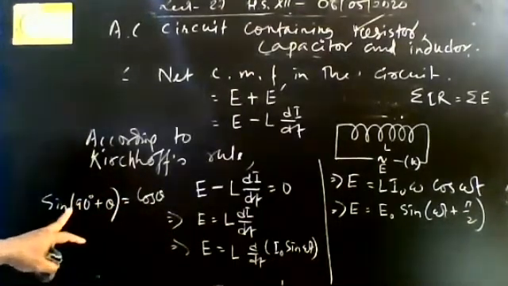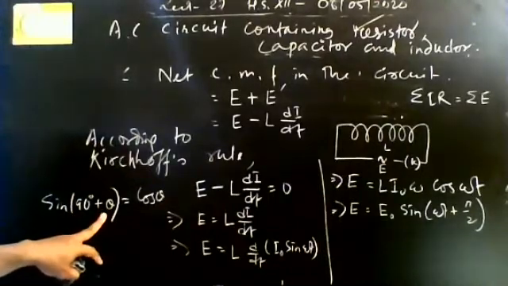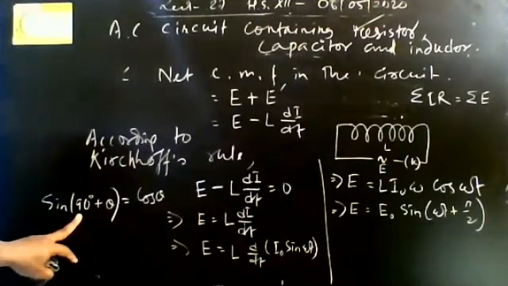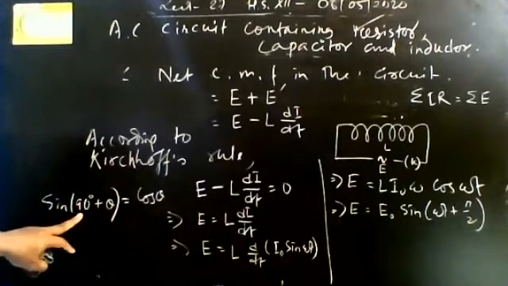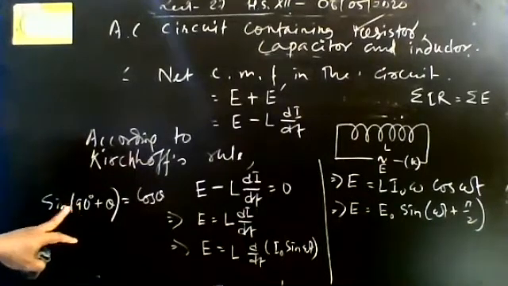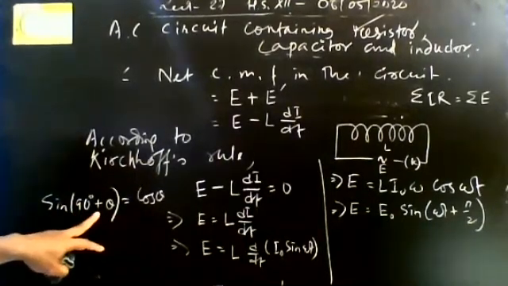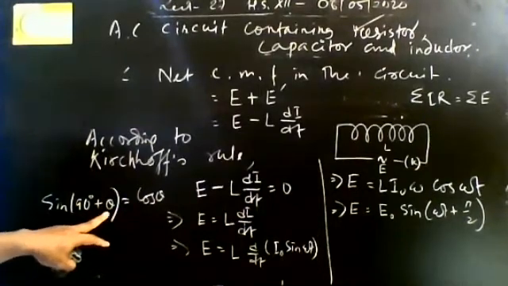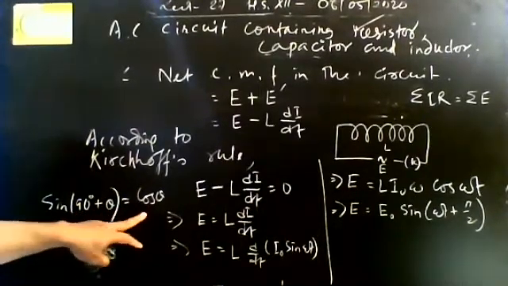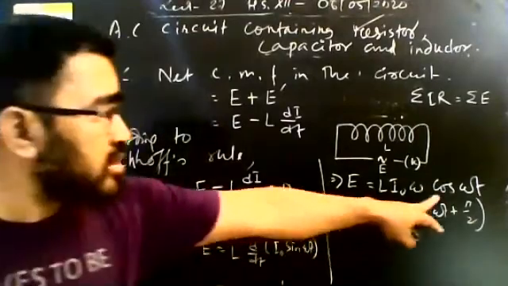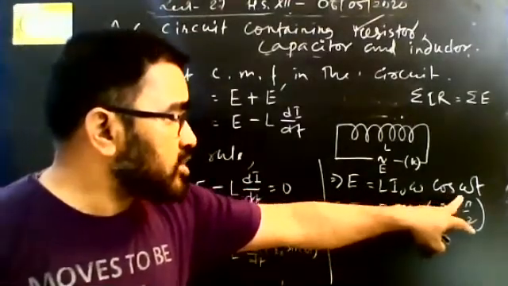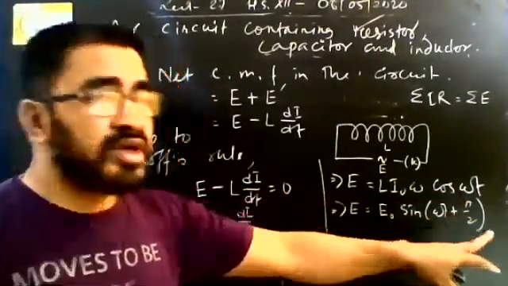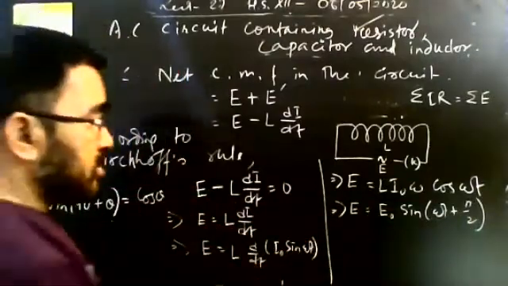It is 90 multiplied by an odd number, that is why sine becomes cos, and it is plus because of the second quadrant. Following the same rule here, in place of cos omega t, we can write sine omega t plus pi by 2, right?